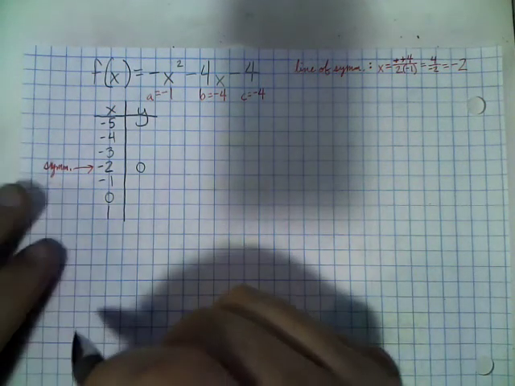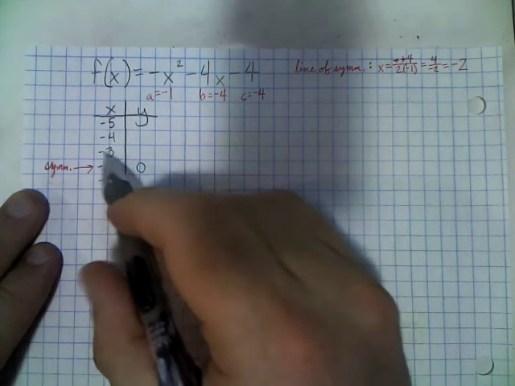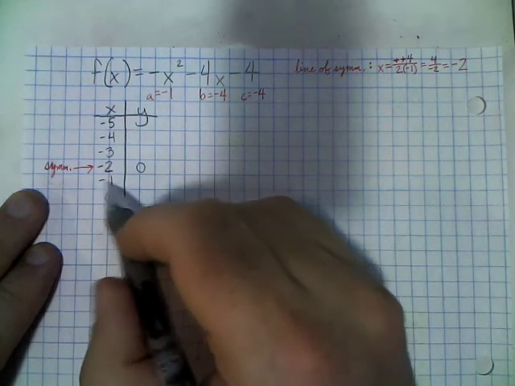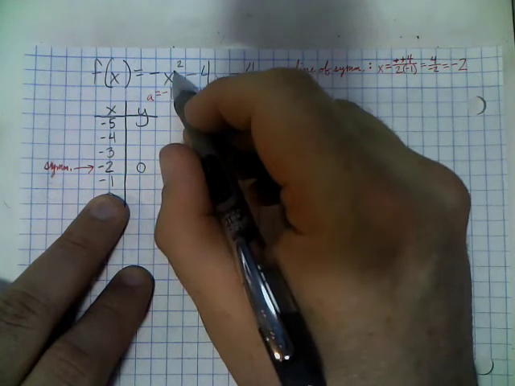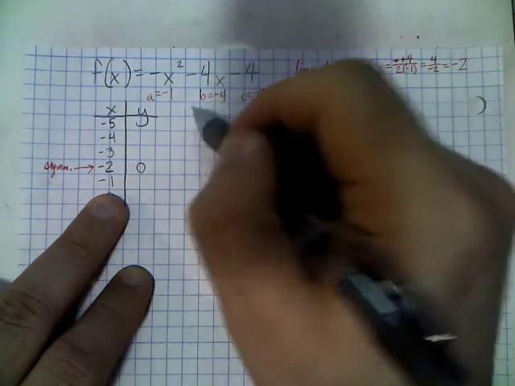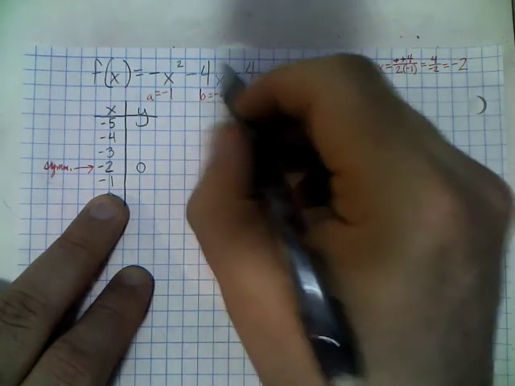Now remember, it's symmetric here. So I think it'd be easier to plug in negative 1 than negative 3. So let's just plug in negative 1. Negative 1 squared is 1, but then it's going to become negative. So negative 1 again. Then over here, a negative 4 times a negative 1 is a positive 4.